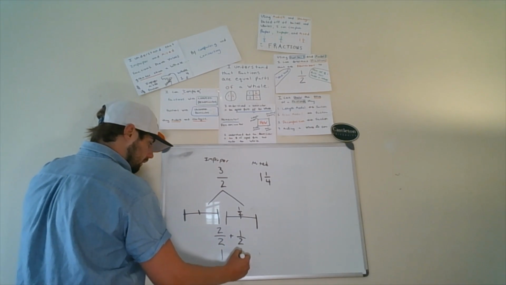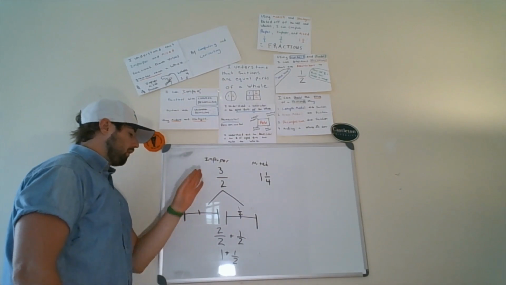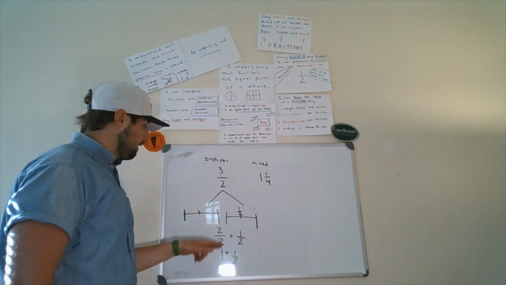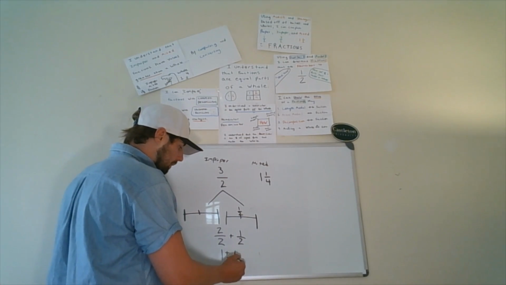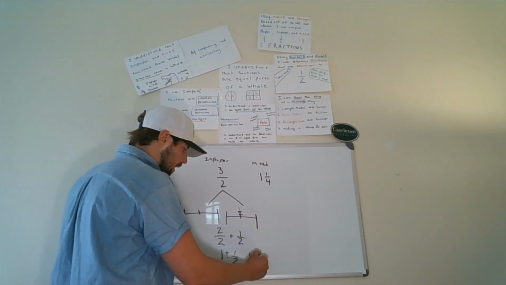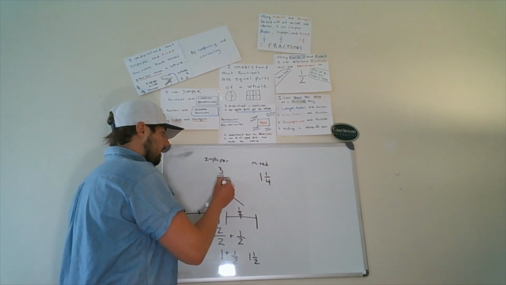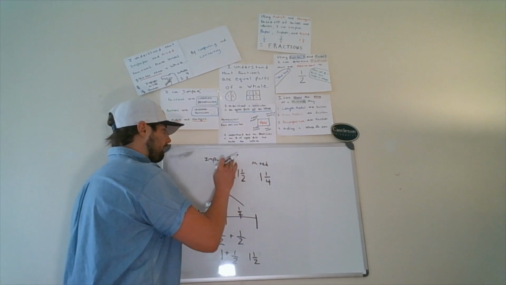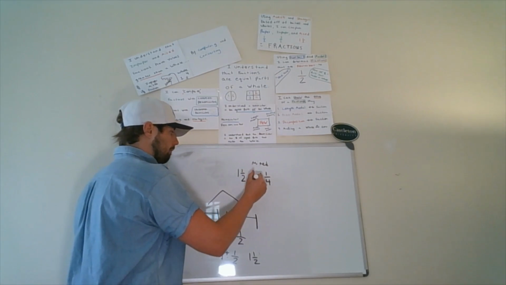So I can convert my improper fraction to a mixed fraction by decomposing, also using the length model to help me. 1 plus 1/2 would be 1 and a half. So 3 halves is also equivalent to 1 and 1/2. Now I have 2 mixed numbers I now can compare.